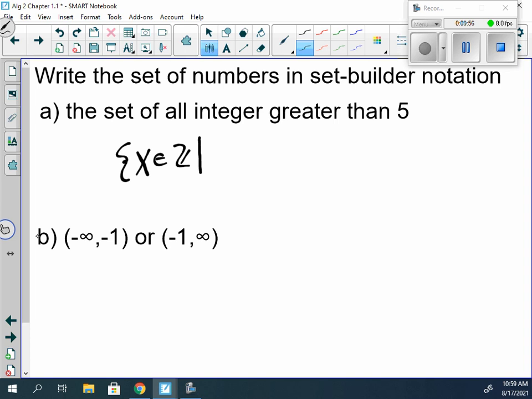I think I'm wrong. So I think we'll do this here for the set of all real numbers x such that x is an element of the integers, and x is greater than 5.